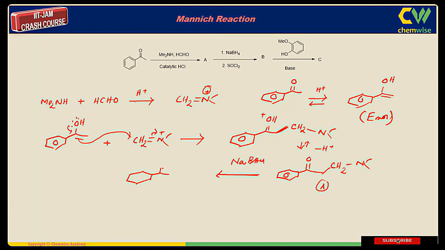Double bond O will be reduced to alcohol, and this is CH2 and Me2. We are going to use SOCl2, so this will be converted into chloride, Me2.